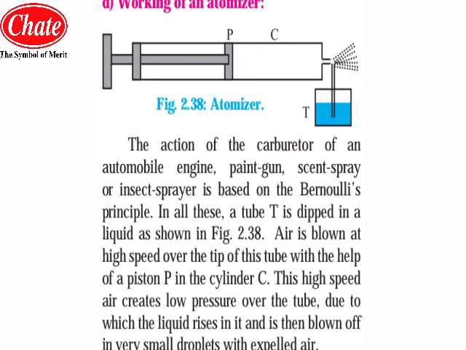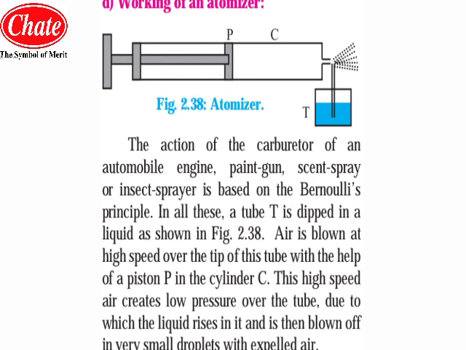Now students, we will see the fourth application, that is the working of an atomizer. You can see the diagram on your screen. The action of the carburetor of an automobile engine, paint gun, scent spray or insect sprayer is based on Bernoulli's principle. In all these, a tube T is dipped in a liquid as shown in the figure.